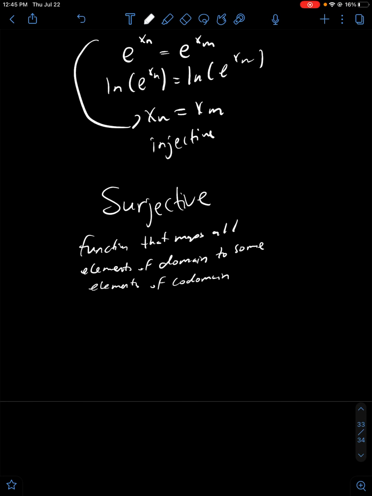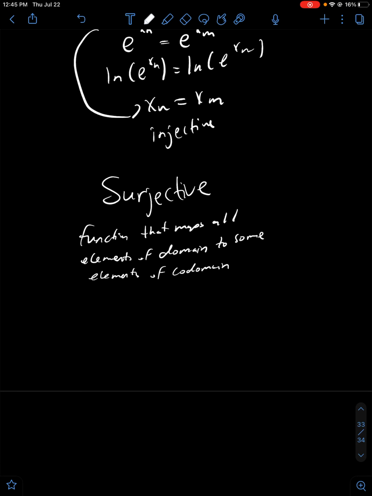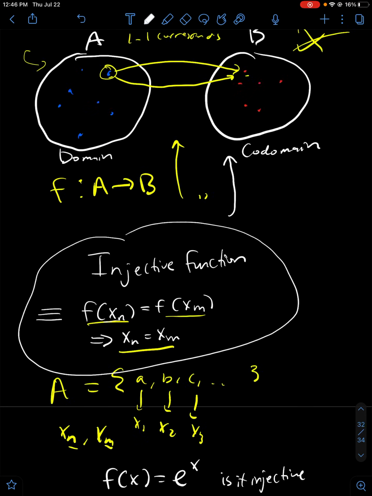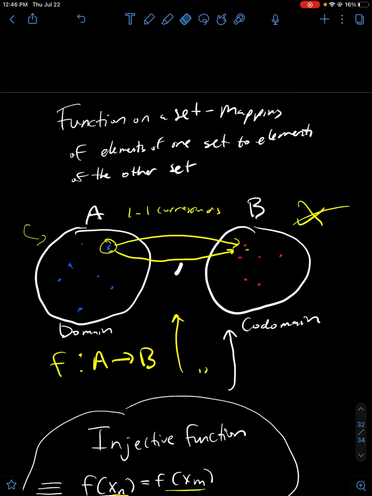Now, it could be all elements, it could be some or all. There's freedom there. But if a function maps all elements of the domain to some elements of the codomain, it's a surjective function. So let's go back to this picture here.